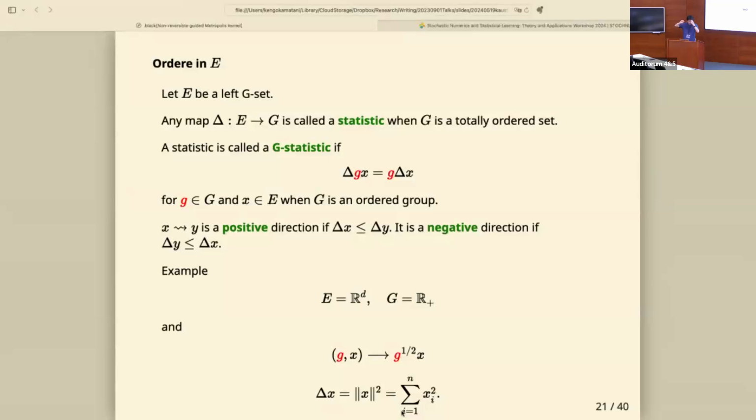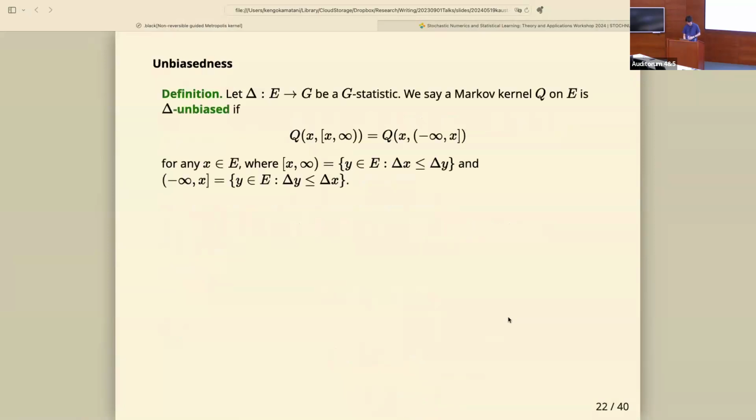If we are going to a point which is far from the origin, it is called a positive direction. And if we want to go to a point which is close to the origin, it will be a negative direction. So we are almost done.